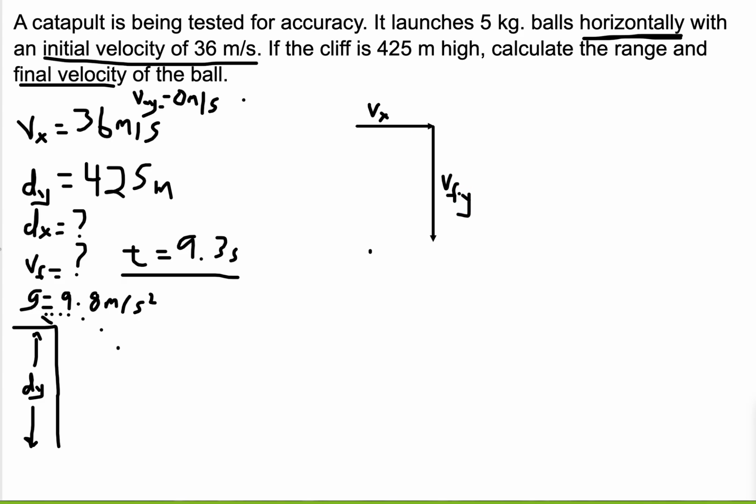Then if I find the vector sum of those two, that ends up being the final velocity. That would be the velocity if I had a radar gun. The speed would be represented by this vector, and the angle in relation to the ground would be this angle.